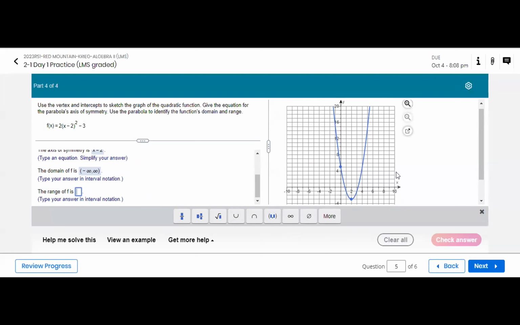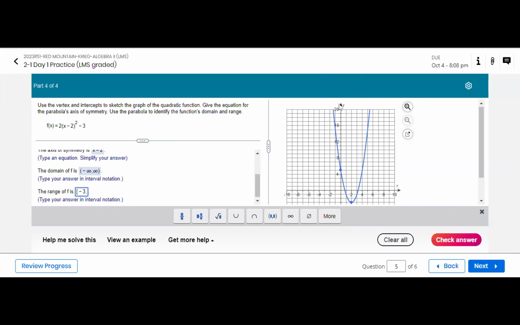Like -3. Yes. So it'd be bracket -3, comma, and then how far up does the graph go? It goes up further than that. It keeps going up forever. Infinity. Yes.